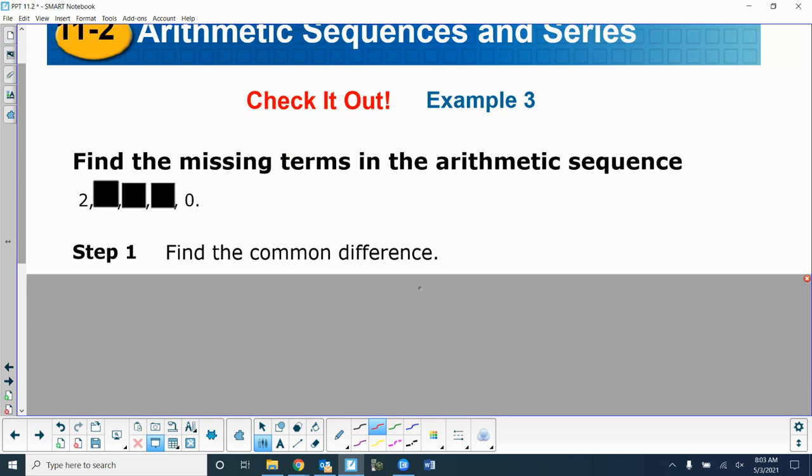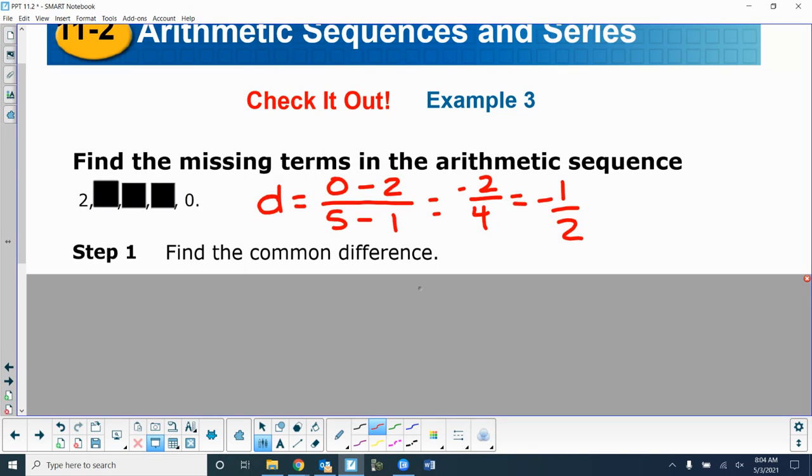So again, we've got, find D, farthest right, 0, minus farthest left, 2. Term number, that's 5 again, 1, 2, 3, 4, 5, right? Minus term number 1. So negative 2 over 4, negative 1/2.